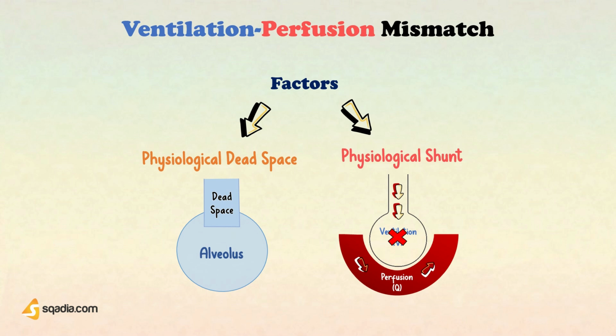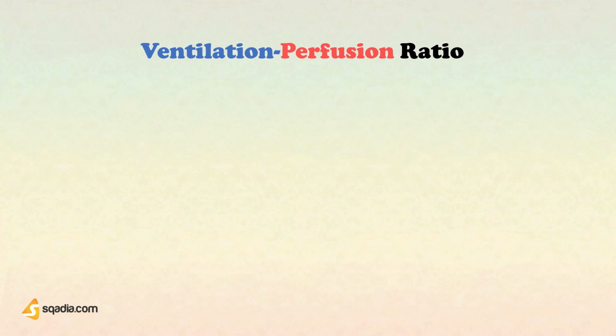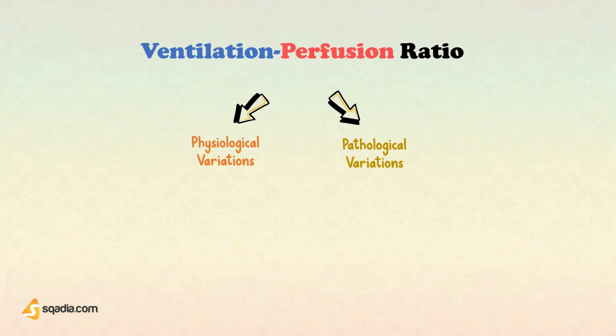I have explained what I mean by the dead space, but I will get into the details of shunt in a while. Well, variations in ventilation-perfusion ratio can be both physiological and pathological.